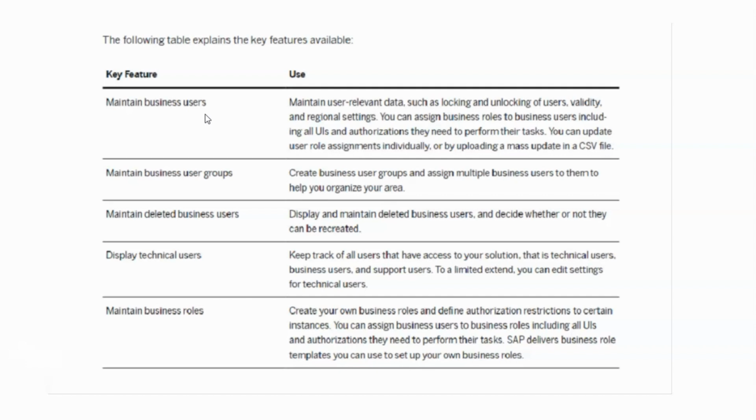SAP delivers business role templates you can use to set up your own business roles. We'll focus on these business role templates, and how they are used, in the full sessions, the in-depth sessions, where we are going to discuss this.